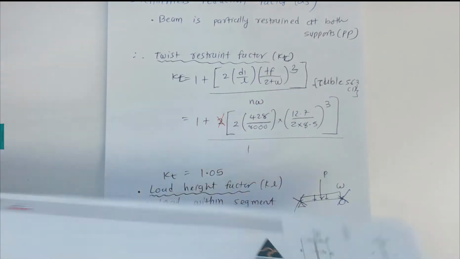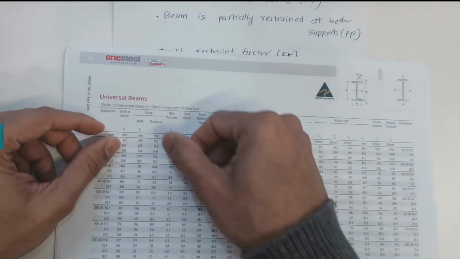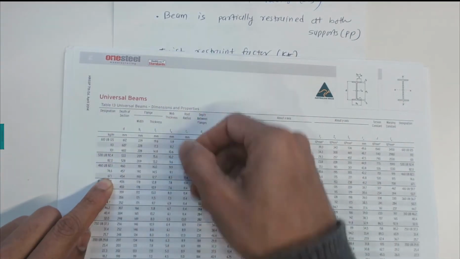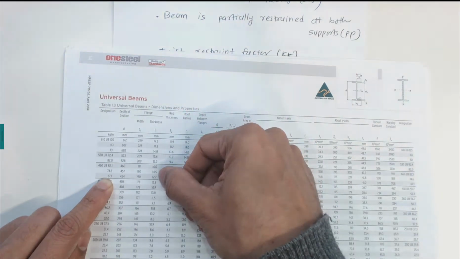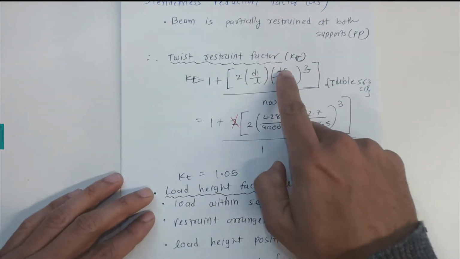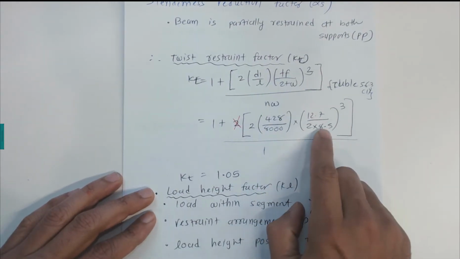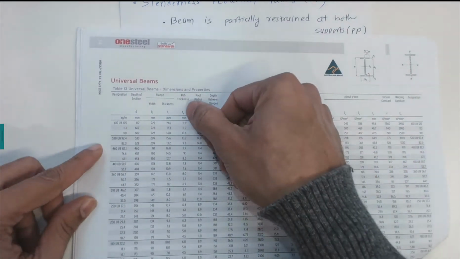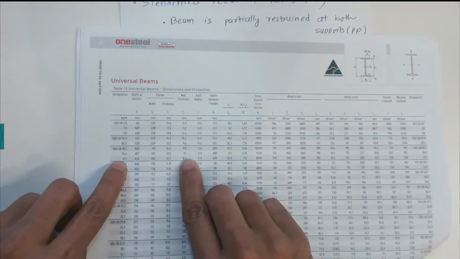Back to the one steel tables, the flange thickness tf for the 460 UB 67.1 is 12.7 millimeters. The thickness of the web is 8.5 millimeters.